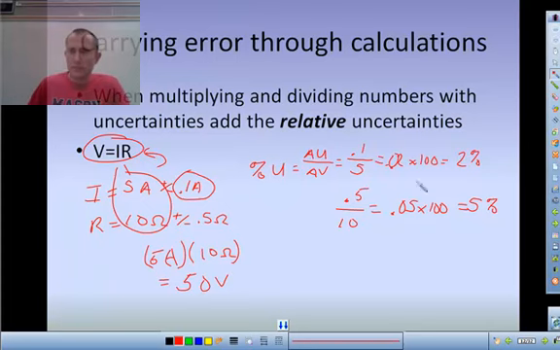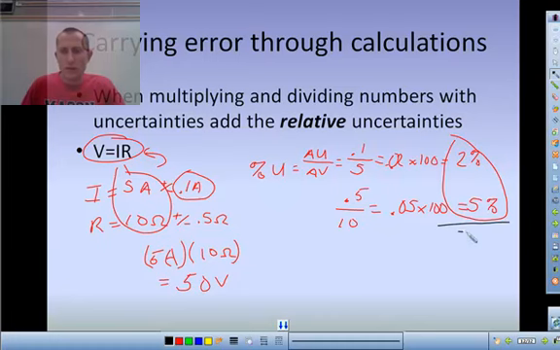Now, to get the uncertainty, we add our relative uncertainties, and we find that we get a total relative uncertainty of 7%. So this is plus or minus 7% if we're dealing with relative uncertainties. But if we're asked to find the absolute uncertainty, it's simply a matter of finding what percent of 50 is 7%.